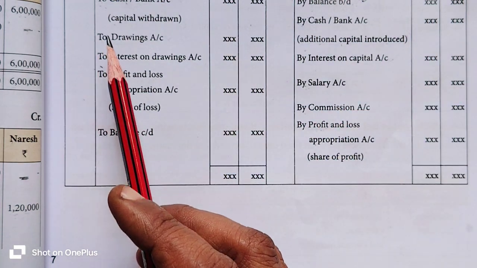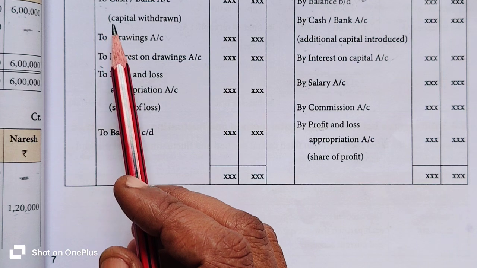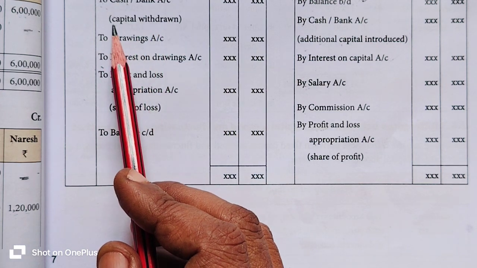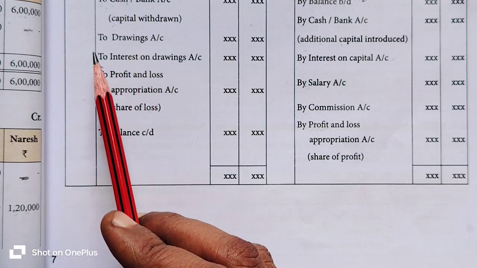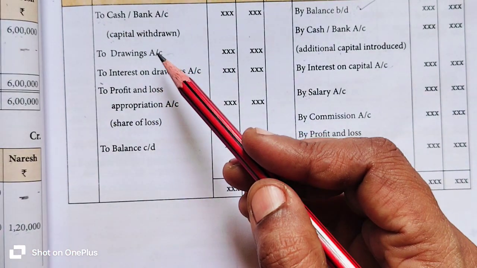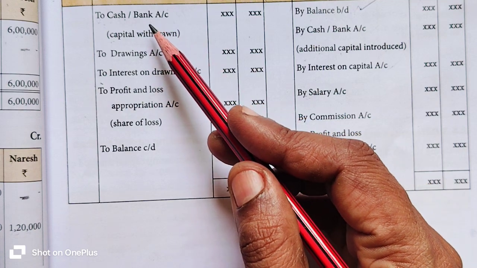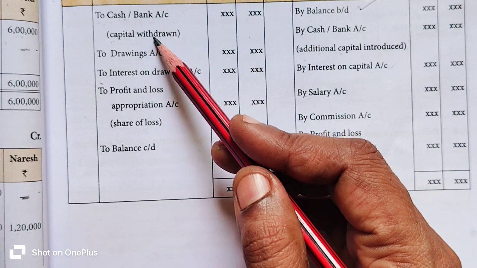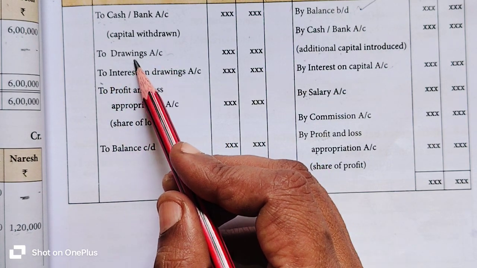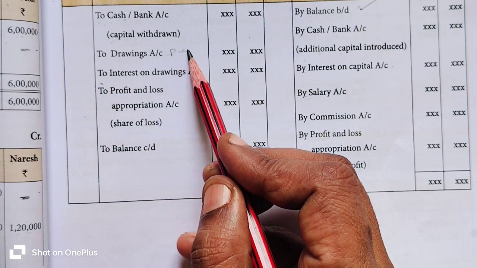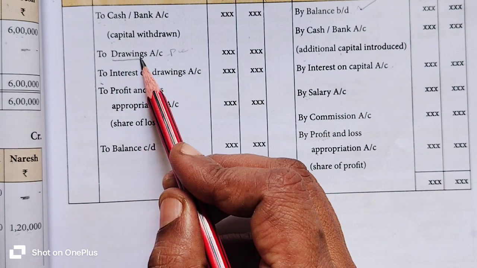Let's go for the debit side. If the partners withdraw capital, you have to write to cash account or to bank account, and to drawings account. What is the difference between drawings and withdrawn capital? Listen, if the partners take cash from the business for their personal use, the term is drawings.